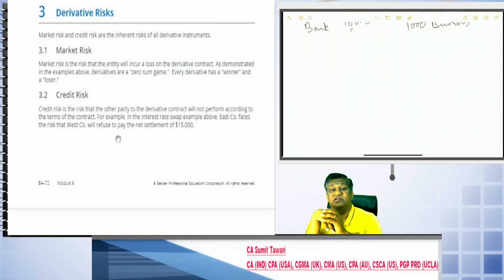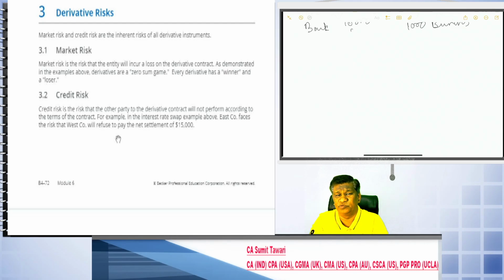Credit risk is that the other party to the derivative contract will not perform according to the terms of the contract. For example, in the interest rate swap example above, each company faces the risk that West company will refuse to pay the net settlement of the $15,000. So that is also possible. It is basically in every obligation, because one person is the underwriter, and if he defaults, there is no meaning to the option.